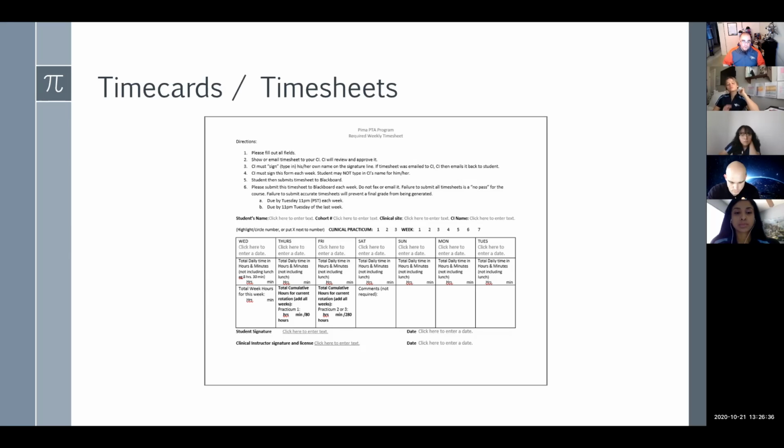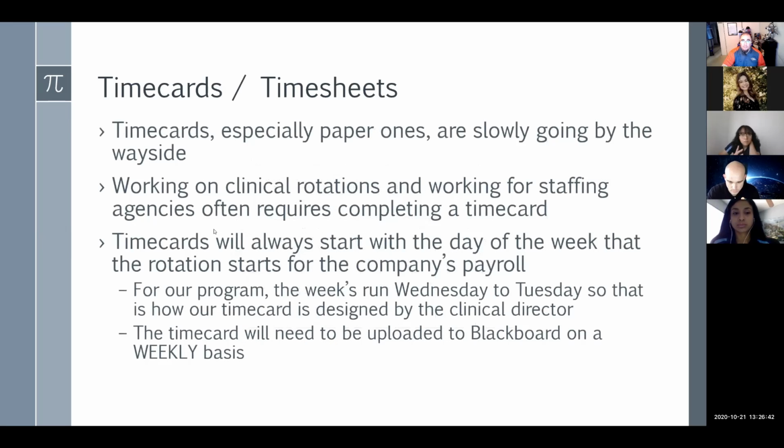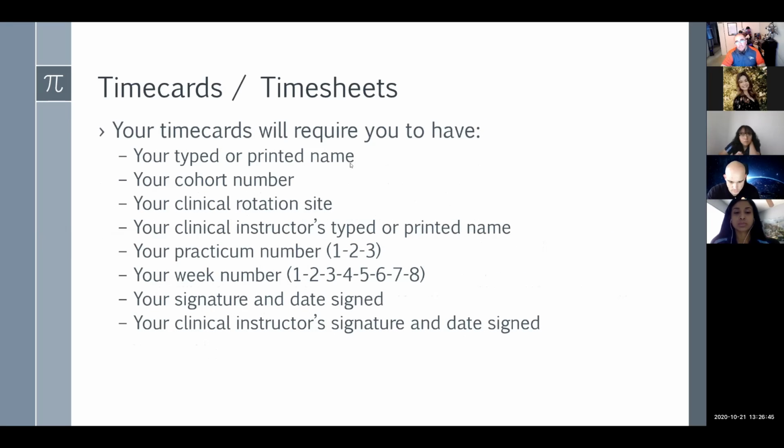I went through in the asynchronous lecture how you fill them out and what you need to have on them, but even this lecture has it all broken down: you have to have your printed name, typed name, cohort number, and clinic site.